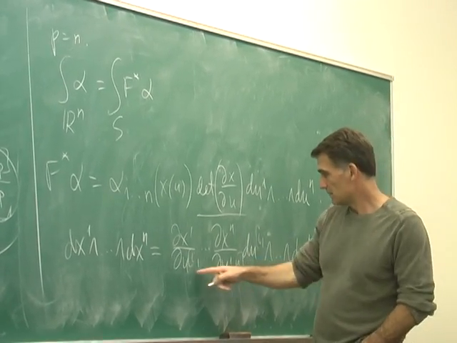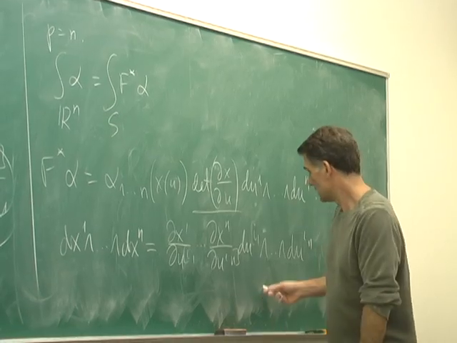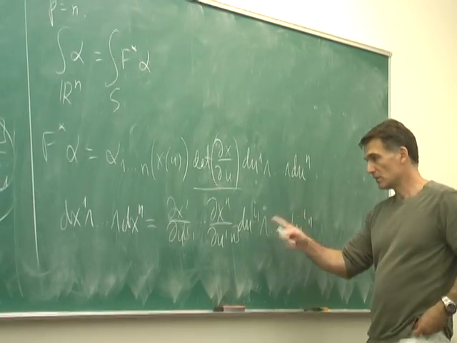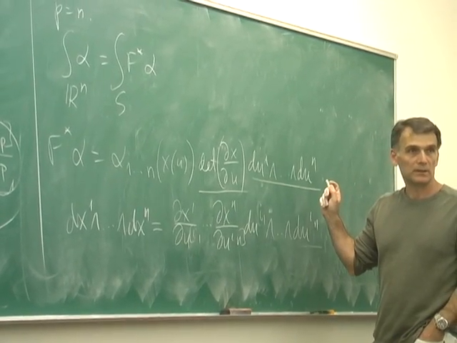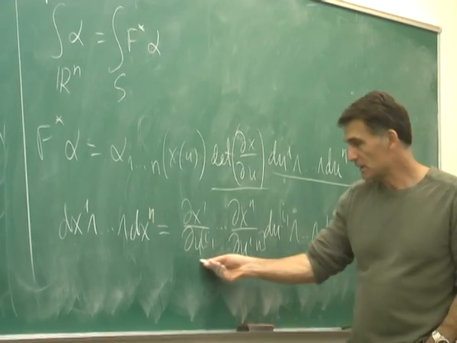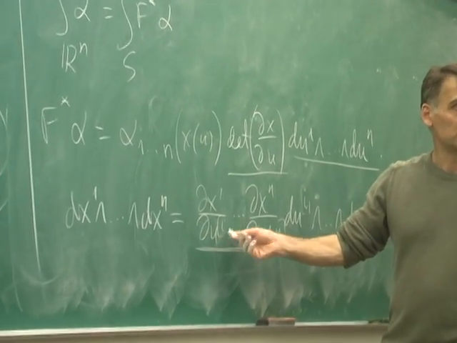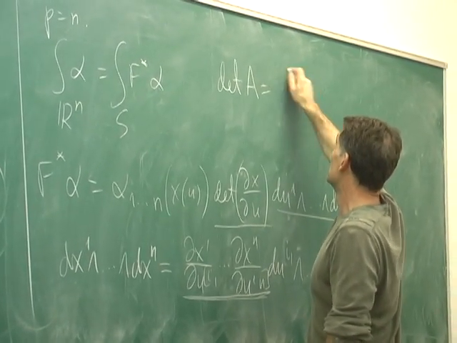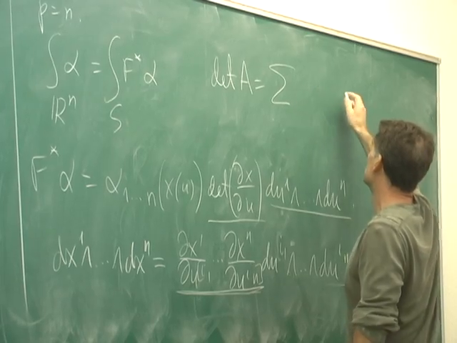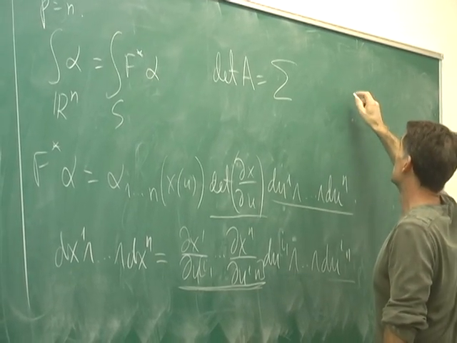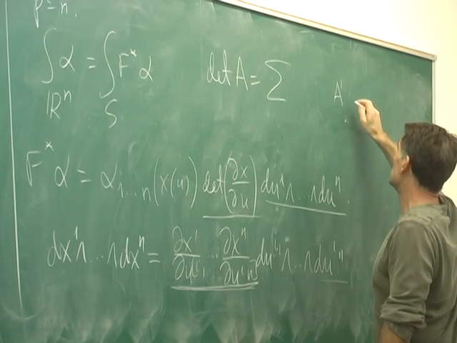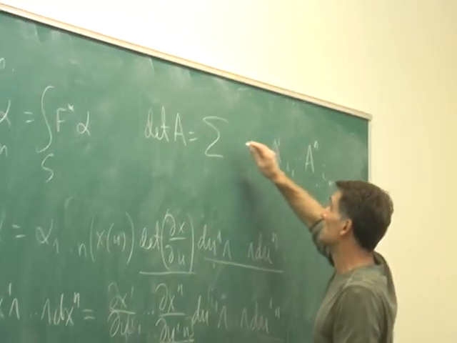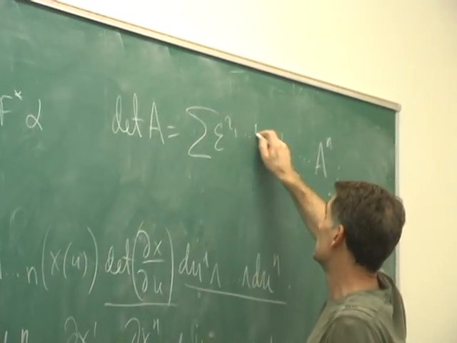Because this is antisymmetric, if you sum all of this, by permuting indices you could always bring it to this order, du1 through dun. And this one will give you exactly the determinant. If you remember, the determinant of some matrix is equal to, let me write it this way, A1 I1 through An In times epsilon I1 through In.